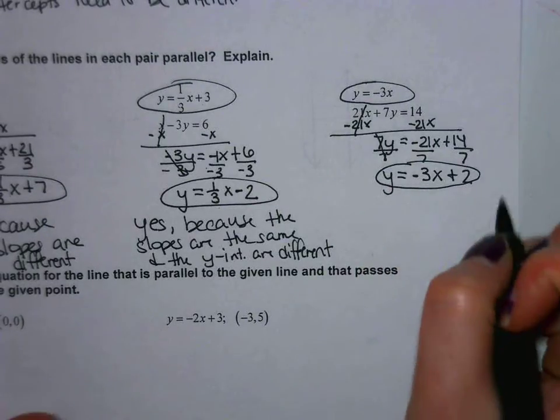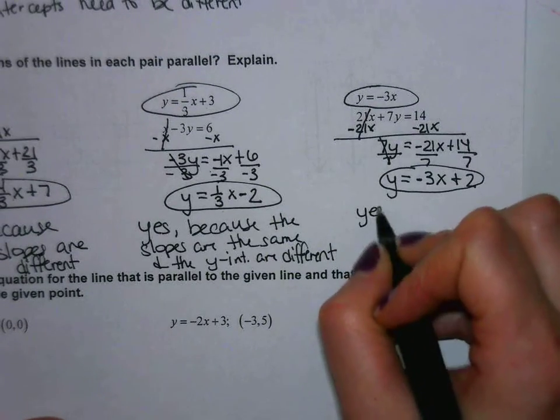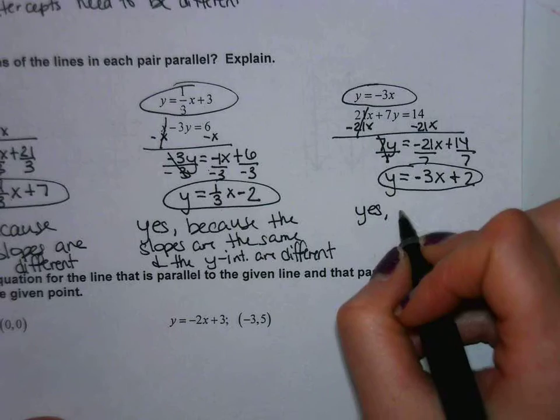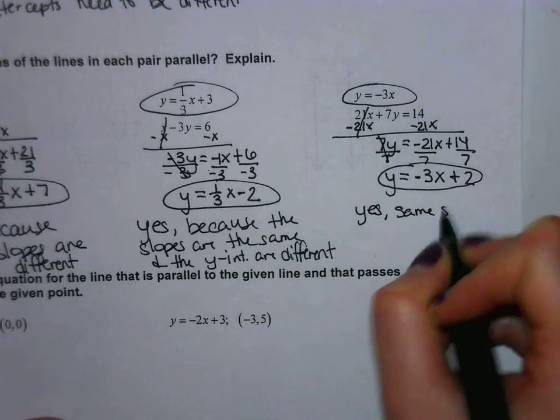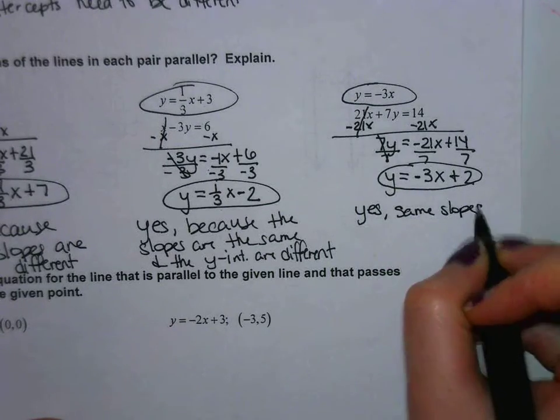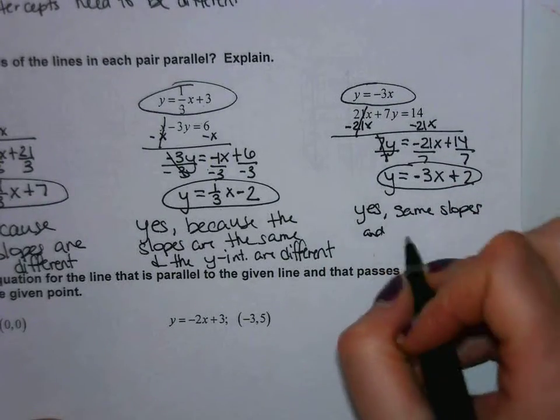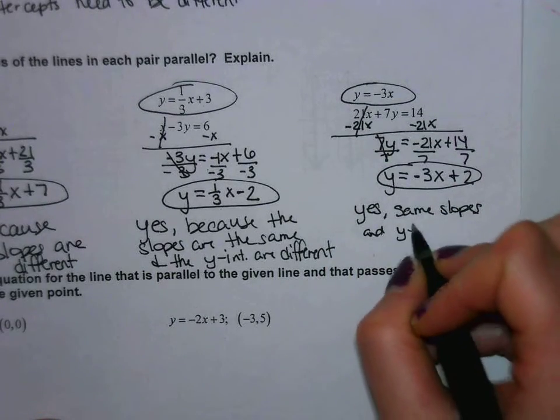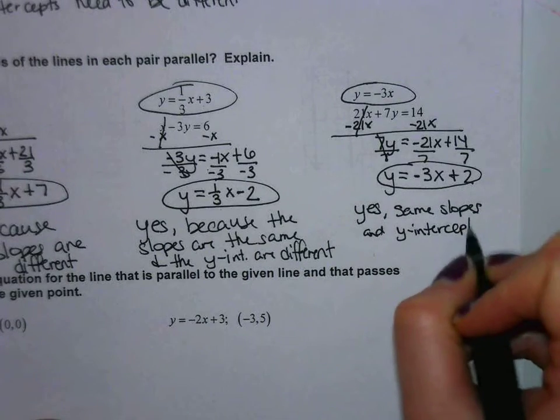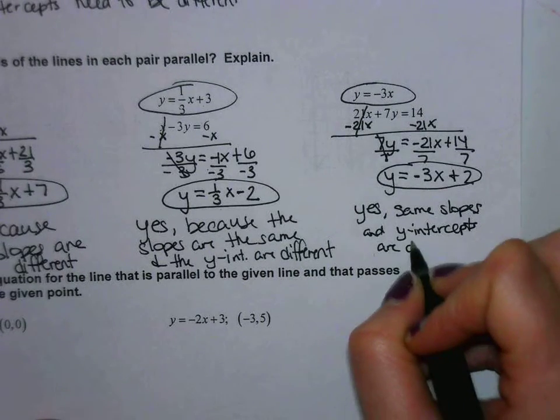So look at these equations. These two are going to be parallel as we have the same slope. And our y-intercepts are 0 and positive 2, so the y-intercepts are different.